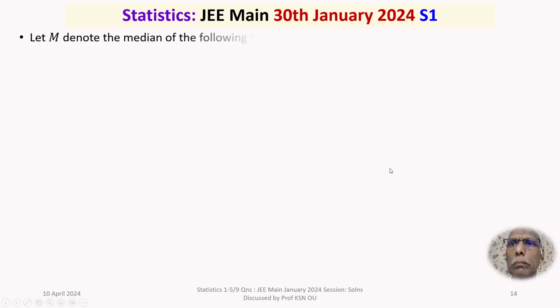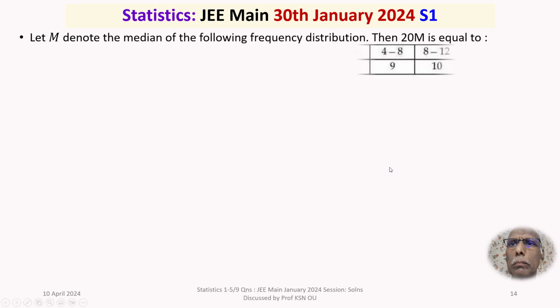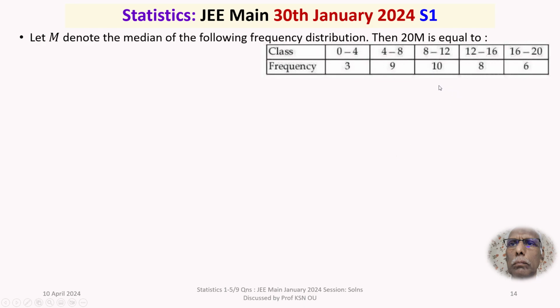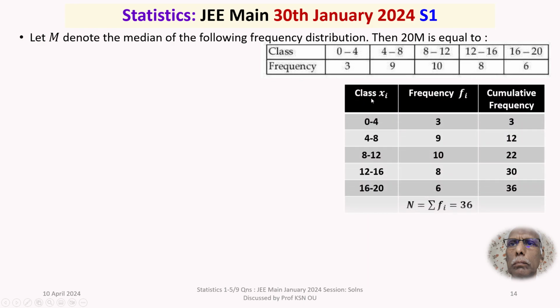Agreed. So we take that frequency distribution table and write our own table. In this, class xi and its corresponding frequency fi, and then we write down the cumulative frequency. First we go to 0 to 4, frequency is 3, cumulative frequency is 3 only.